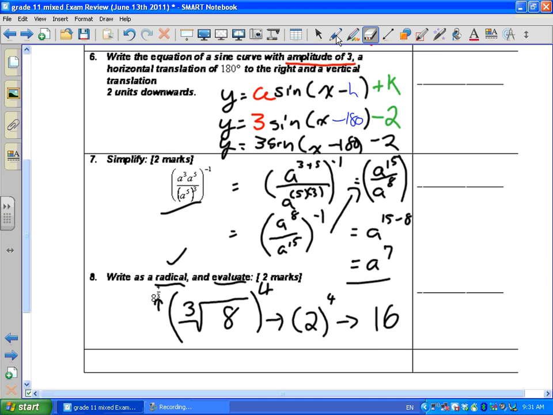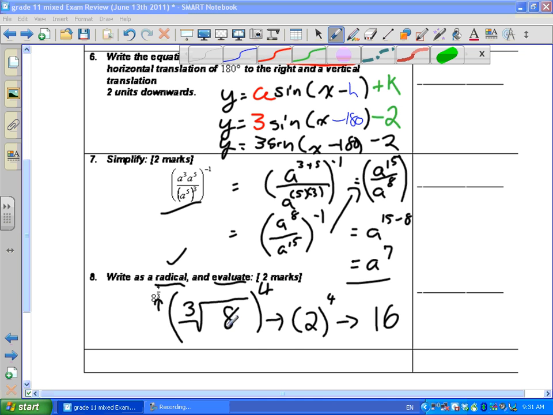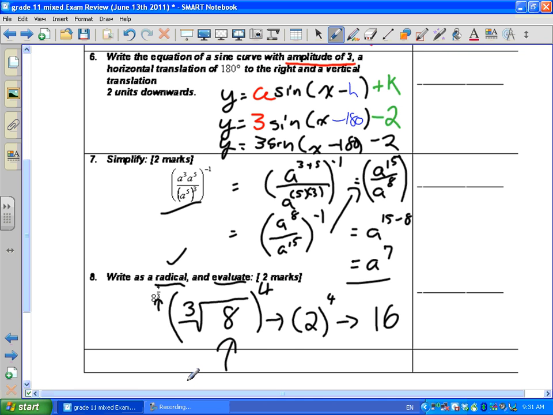How would you get that? For this root, we know that 2 times 2 times 2 is 8. 2 times 2 is 4. Times 2 again is 8. And 2 to the power of 4 is 2 by 2 by 2 by 2. And you multiply that, you get 16. So there's our evaluated number.